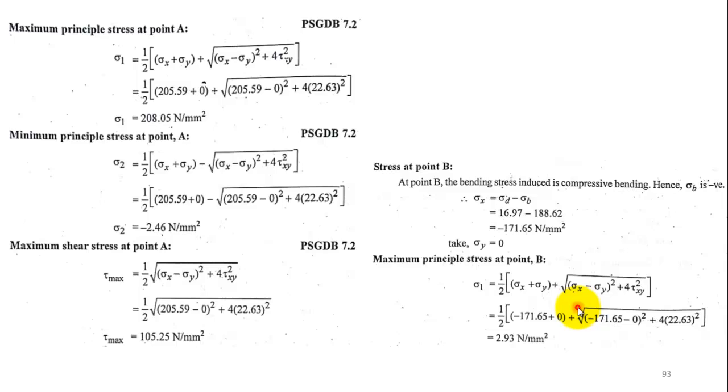If possible, use some formula calculation method to just change the values, or you can see the history in your calculator, right? Use that history and change the value of 205.59 into minus 171.65. It will be easy for you to calculate. Similarly, if you consider minimum principal stress, the sigma x value will be varying.